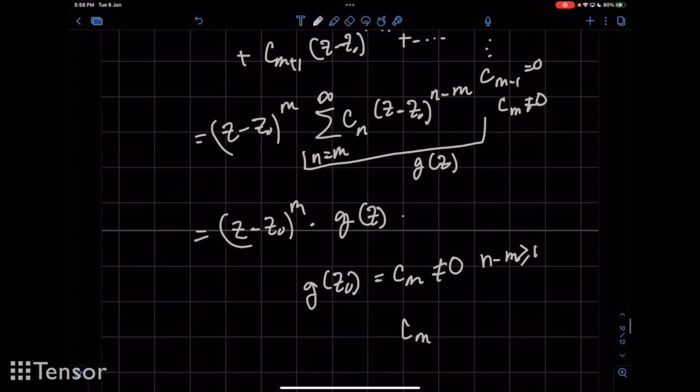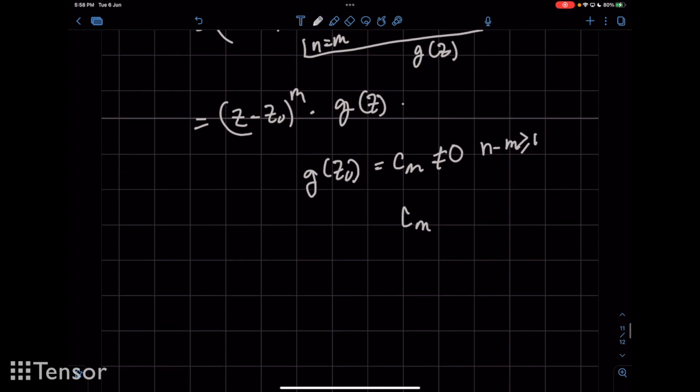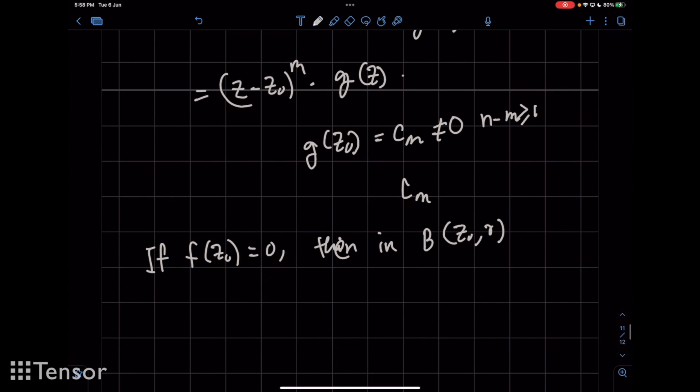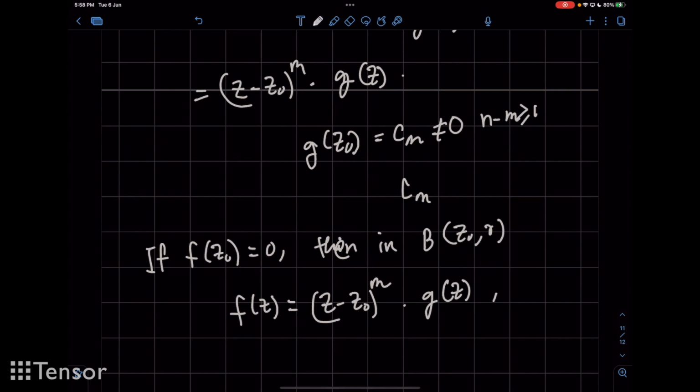So from this we have a very interesting observation, that is, if f of z naught is 0, then in some open ball centered at z naught, I have f of z is equal to (z minus z naught) to the power m times g of z, with g of z naught being non-zero.